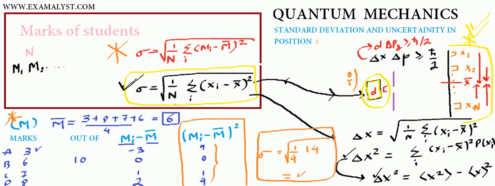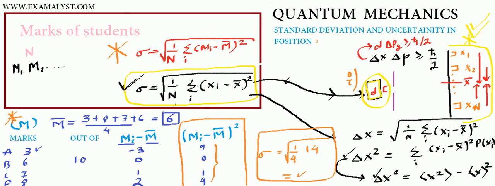We stated that the standard deviation gives a measure of spread in the values, how much the values are oscillating or spread around a particular average value. This was standard deviation in statistics. Then we stated that this standard deviation is related to the uncertainty in quantum mechanics.